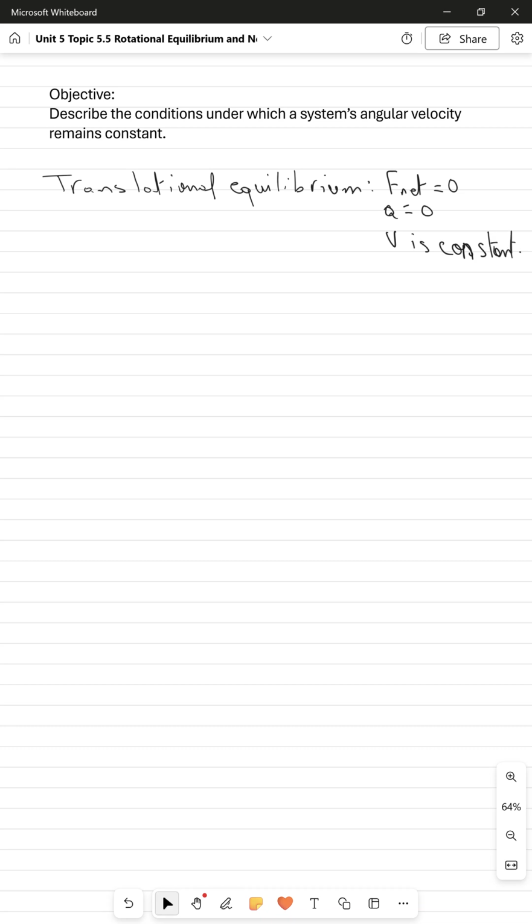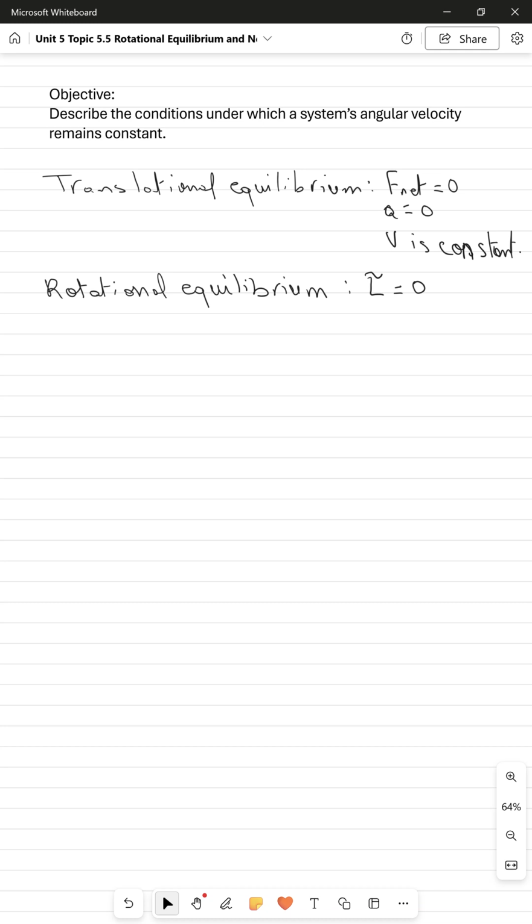Now we are going to have another form of equilibrium for rotation, which we call the rotational equilibrium. That's going to be similar to translational, but for rotation. In that case, instead of force, we'll have the net torque equal to 0.